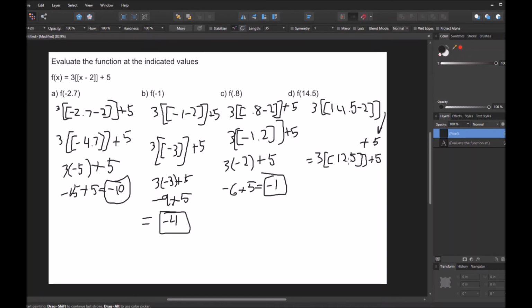Now 12.5 rounded down is 12, so we have 3 times 12 plus 5, and so that's going to be 36 plus 5, which is 41. So that would be your answer for that one.